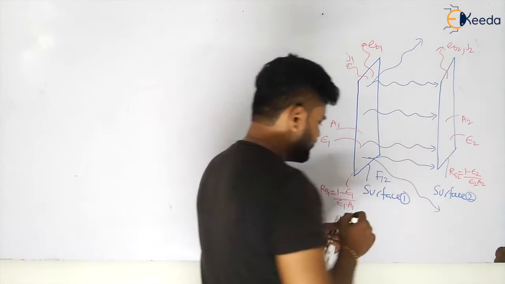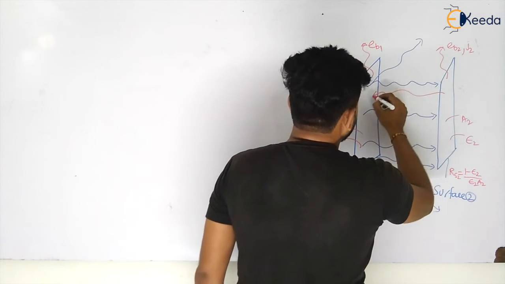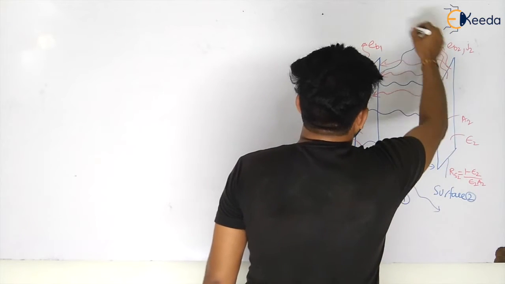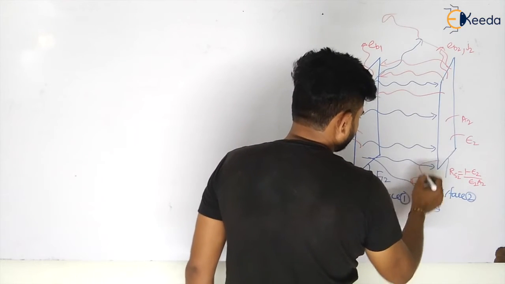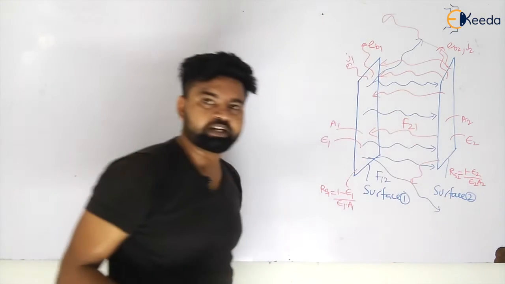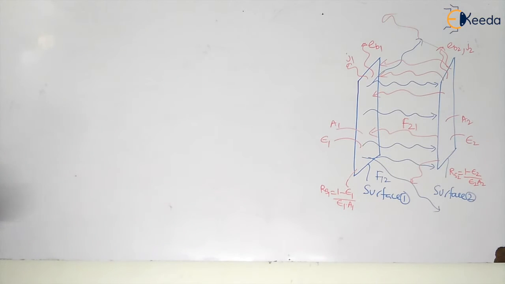Similarly, some radiation is coming out from 2 and falling on 1, and some may be going out in other directions. This will be called your F21, my dear students. So let us calculate this. Now let us see, the total radiation leaving the first surface is what?